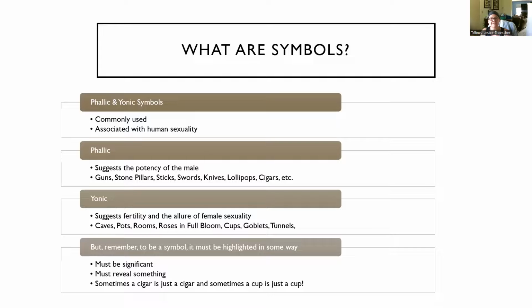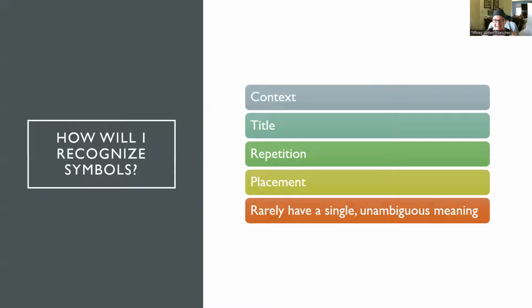I'm always hesitant to say that they are phallic or ionic symbols, because sometimes I think people are reaching when they're looking for those kinds of symbols. Sometimes a cigar is just a cigar, a cup's just a cup, right? They're not always symbolic of these things. And I'm always interested to hear what students think.